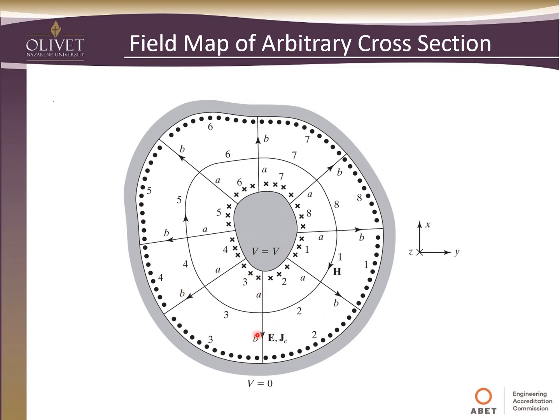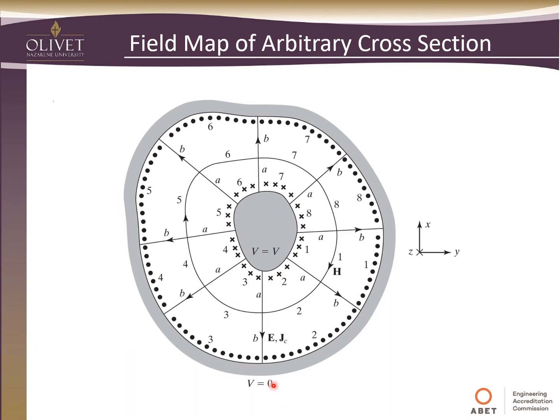You can see these are the E lines, and so they should also be in association with our current density for conduction lines. If there is any conduction in this dielectric, we're assuming this is some type of dielectric here, and if there is any current, it'll be flowing from the inner plate to the outer plate. Of course, we can see the directions here: along the outside it's coming out of the screen, and on the inside the X's designate going into the screen.